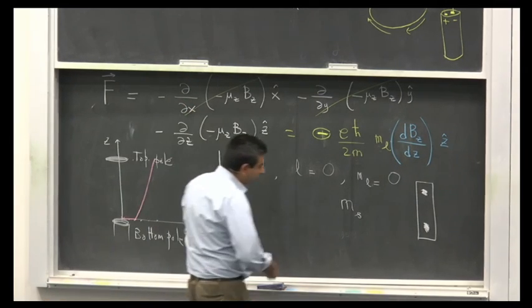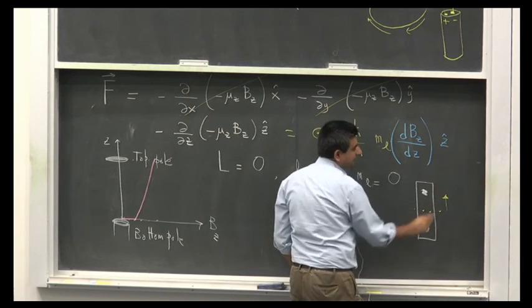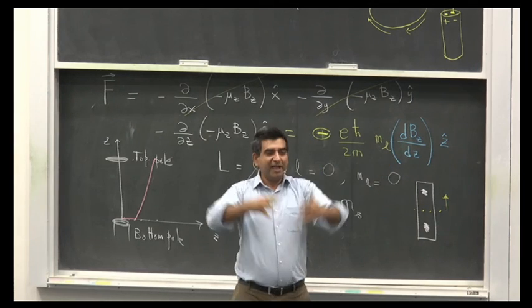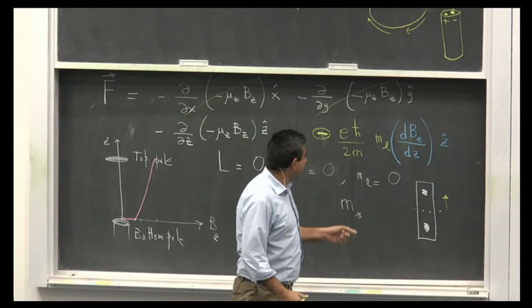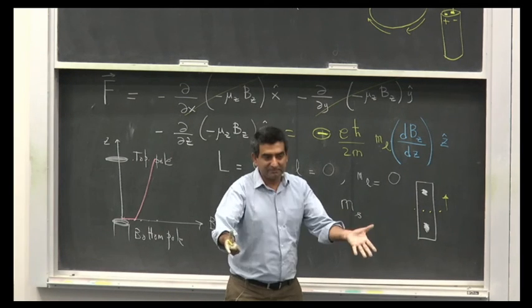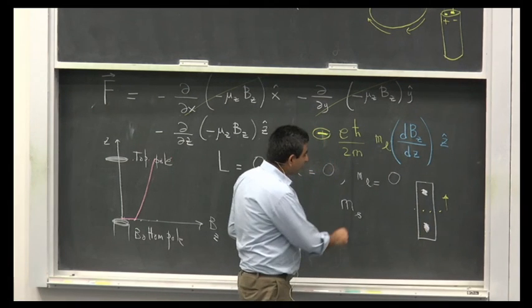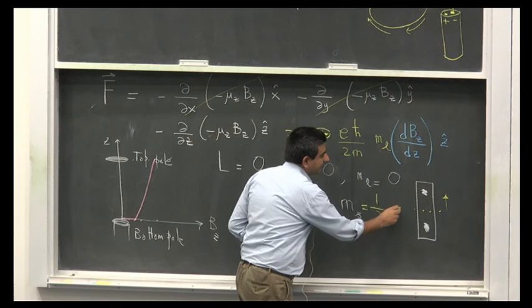And when one looked at the distance of these spots on the screen, and one knew the distances between the magnet and the screen, the length of the magnets, and the initial velocity of the electrons, one can actually determine what ms is going to be. And it turned out that these two spots corresponded to ms being 1/2 and ms being minus 1/2.